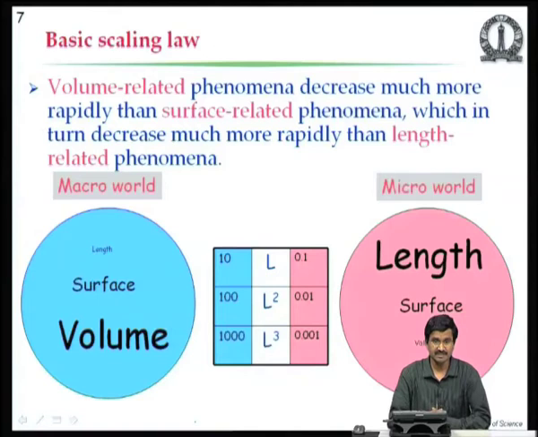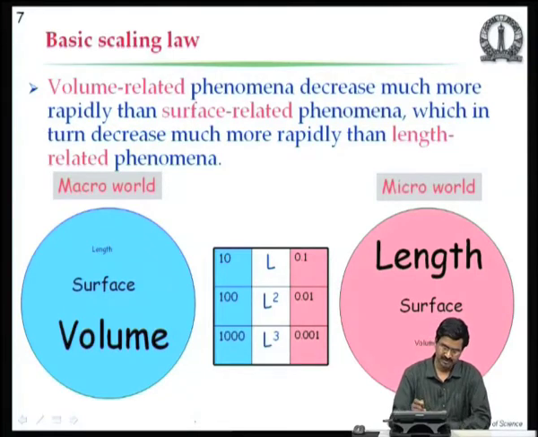Okay. The first thing when you talk about scaling is to realize one very simple scaling law, and that says that volume related phenomena decrease much more rapidly than surface related phenomena, which in turn decrease much more rapidly than length related phenomena. So, this scaling law is illustrated pictorially here.